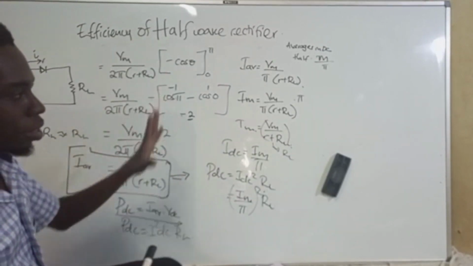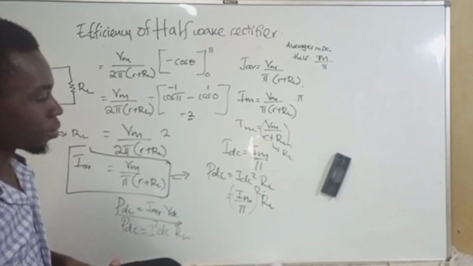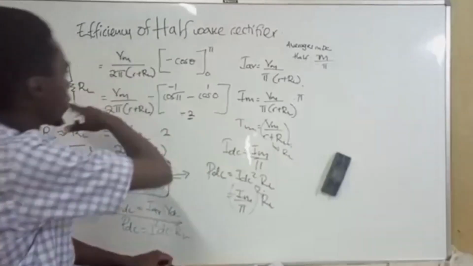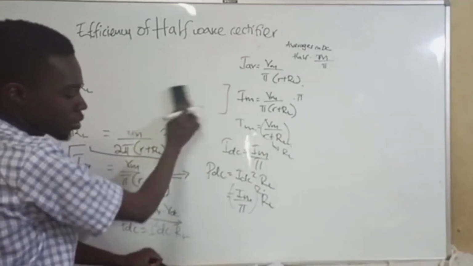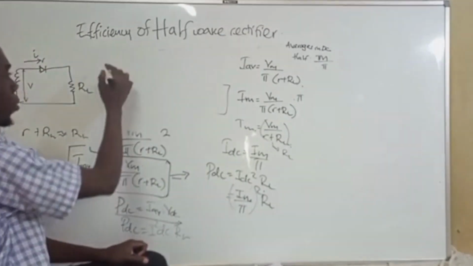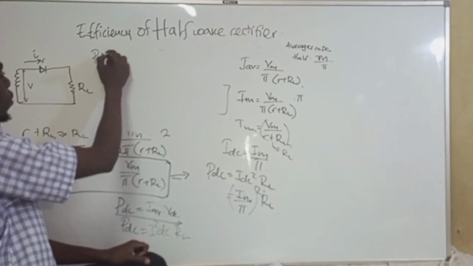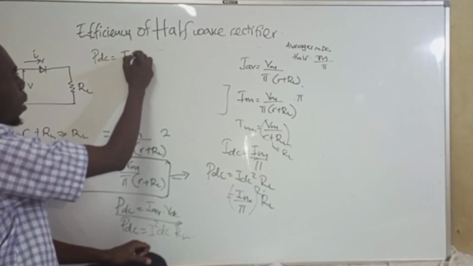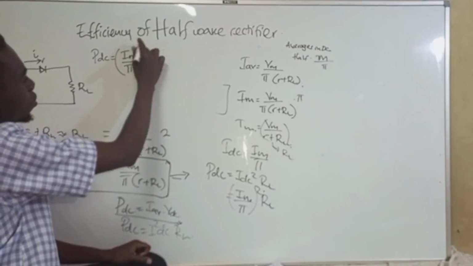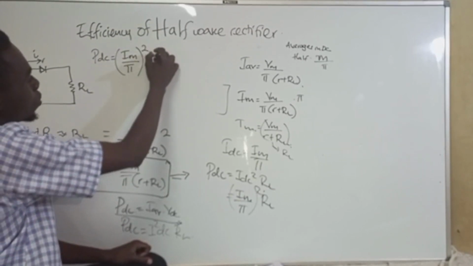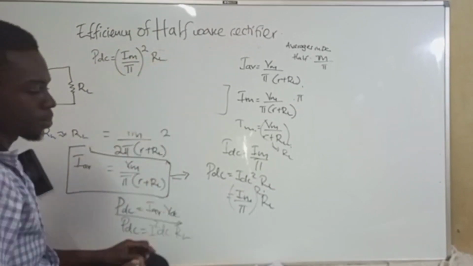So with these two things, I'm going to summarize a few things down here on the side, so that we know that whenever we are called upon to calculate P DC, it is going to be simply I max over pi, squared, times our load resistance.